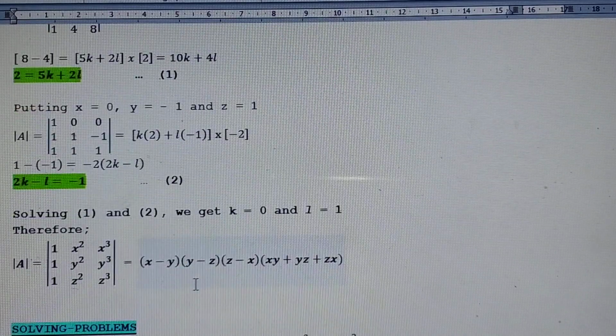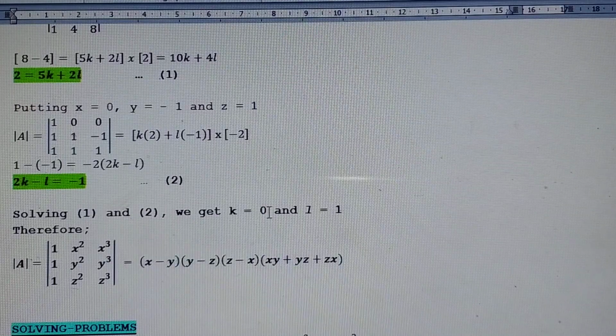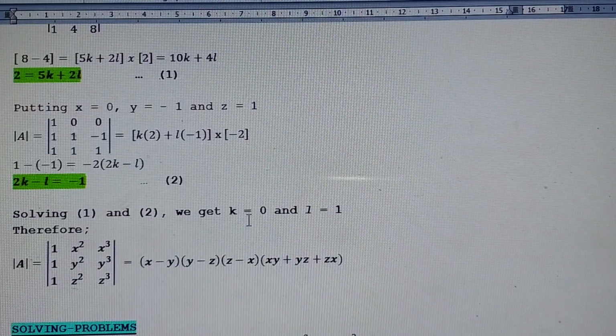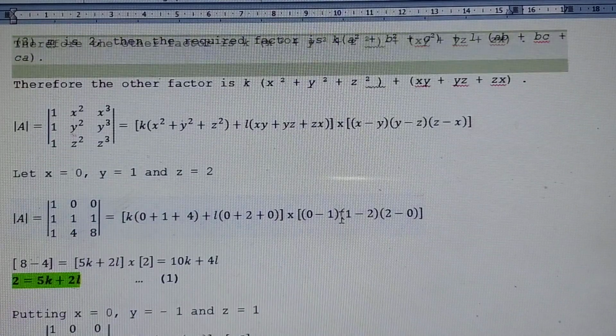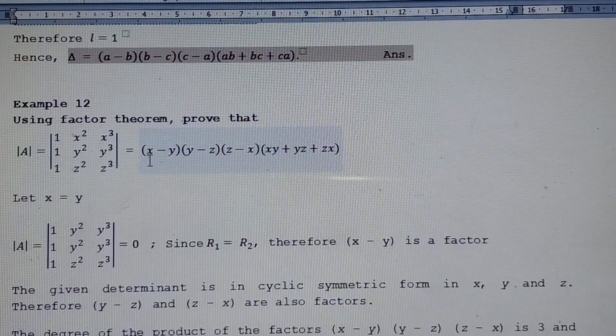Then, through simultaneous solution, ang makukuha natin ay k is equals 0 and L is equals 1. Kapag itong nakuha natin na value ng k at saka L, pag sinubstitute natin sa original equation, so ito ulit ang kalalabasan.